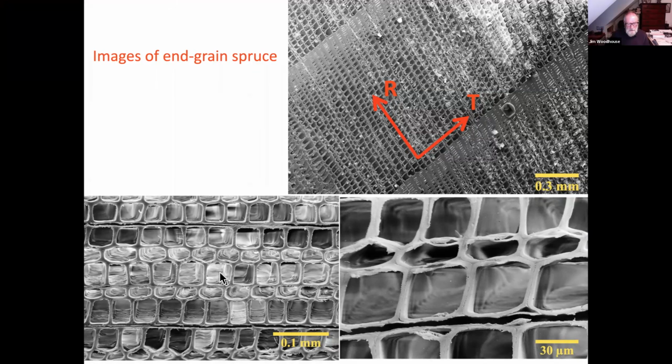So here's a ray cutting through. This is the radial direction, and this is the tangential direction. Exactly as you say, the cells are rather nicely lined up in the radial direction because that's how the tree grows. Each cell reproduces into another one next to it, whereas they're randomly staggered like brickwork, rather random brickwork, in the tangential direction.